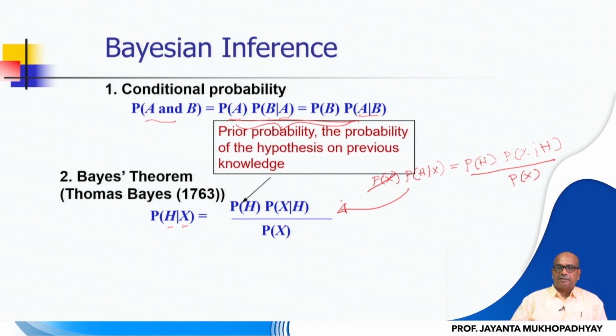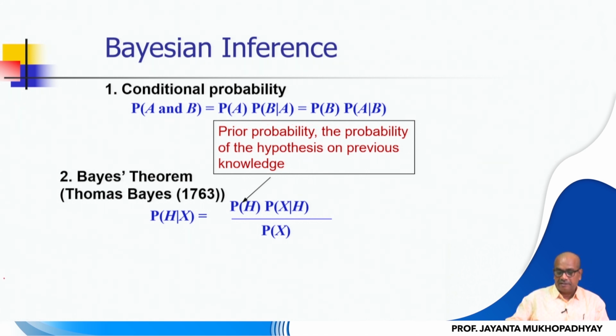There are certain technical terms which we should note here. One is the class prior. Because H is the hypothesis, what is the prior probability, the probability of that hypothesis? That is called prior probability, or the probability of the hypothesis based on previous knowledge.